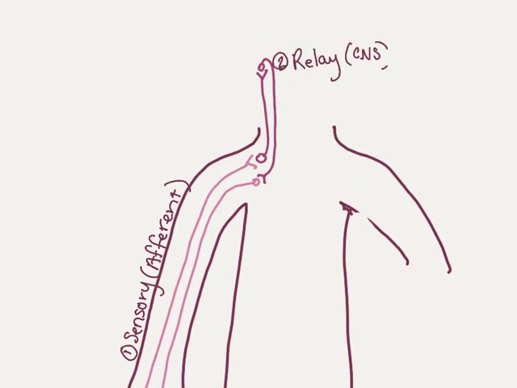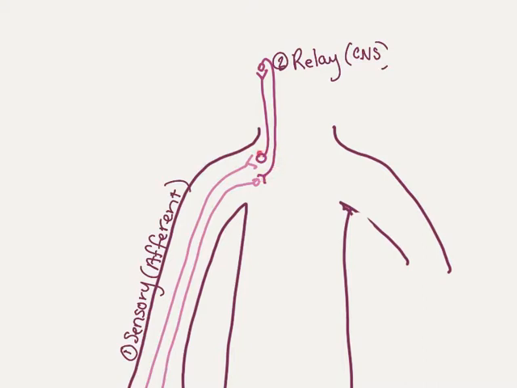So in the case of any kind of reflex, for example, if your sensory nerve has picked up that your hand is on fire, it is not going to make it all the way up to the brain. There's no point in having your brain make a decision about it. Instead, you're going to have some kind of synapse that goes from the spine and directly back down.